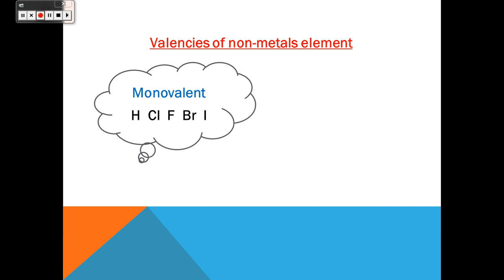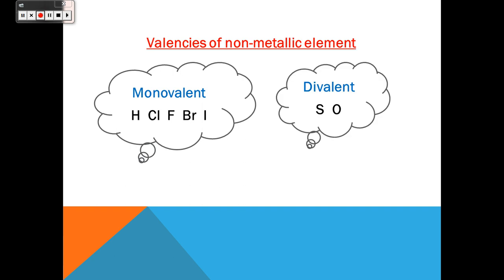Also valencies of non-metals. Non-metals have many valencies, like monovalent in hydrogen, chlorine, fluorine, bromine, and iodine. And divalent in sulfur and oxygen. And trivalent in nitrogen and phosphorus.